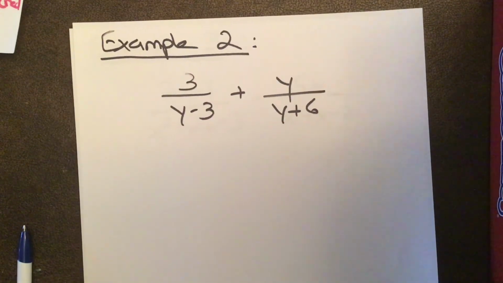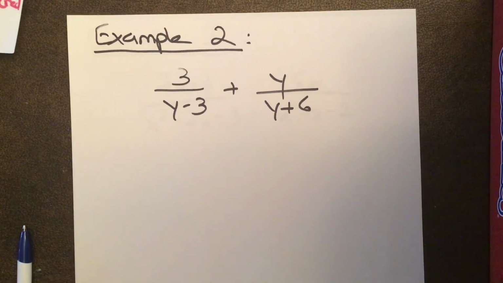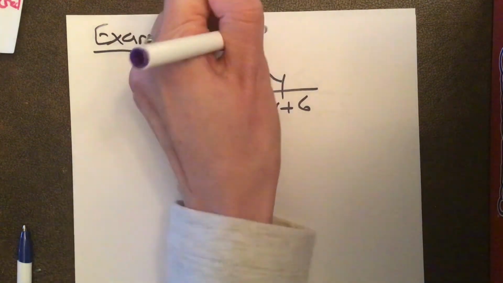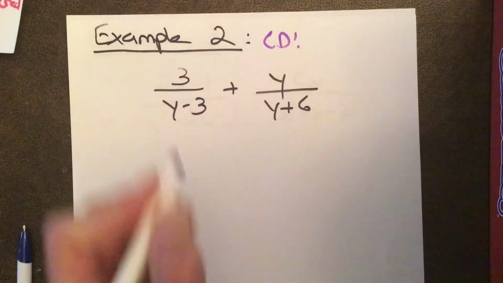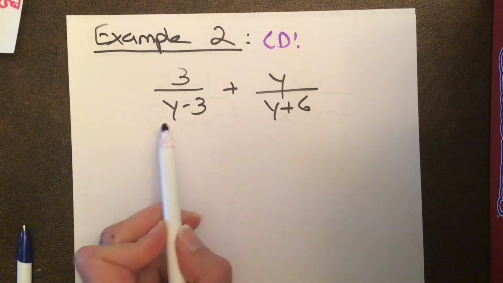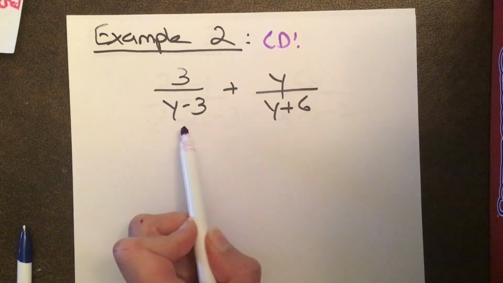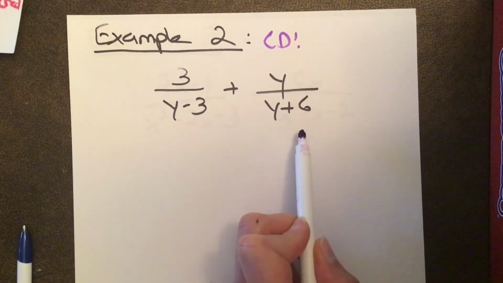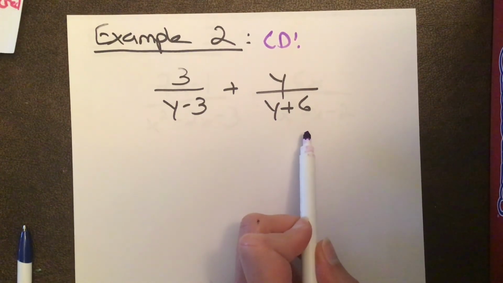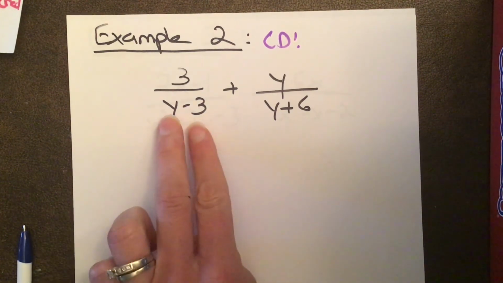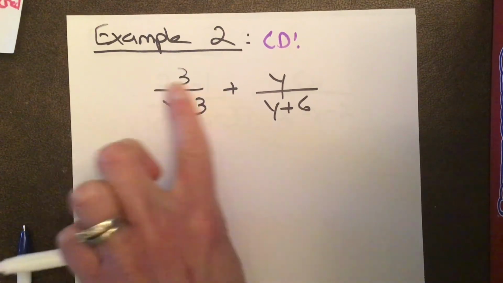So let's do this one: 3 over y minus 3 plus y over y plus 6. In this one, we've got to start by finding the common denominator. Y minus 3, can't factor that. Y plus 6, can't factor that. Since y minus 3 is connected together and y plus 6 is connected together, each is kind of like one factor.